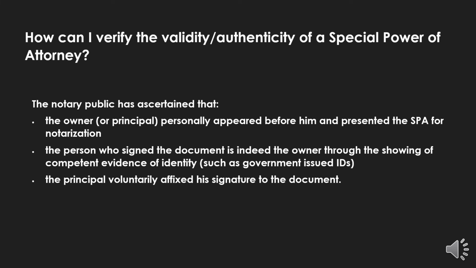And also that the person who signed the document is indeed the owner through the showing of competent evidence of identity, such as those IDs that are required. And the principal voluntarily affixed his signature to the document. Notary publics are required to keep and maintain a notarial register, and they are also mandated to furnish a copy of all documents acknowledged before them to the clerk of court.